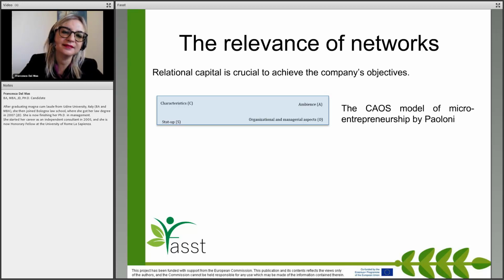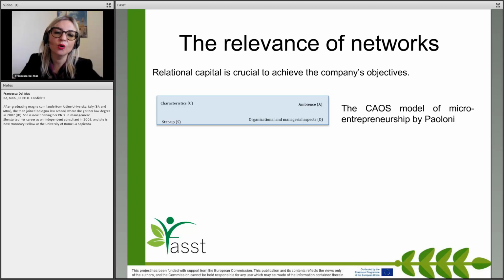The C element deals with the characteristics of the firm and the characteristics of the entrepreneurs who deal with the firm. Then we have the element A. The element A is about the ambience or environment where the firm or organization operates, and the alliances and networks that can come from the competitive environment.